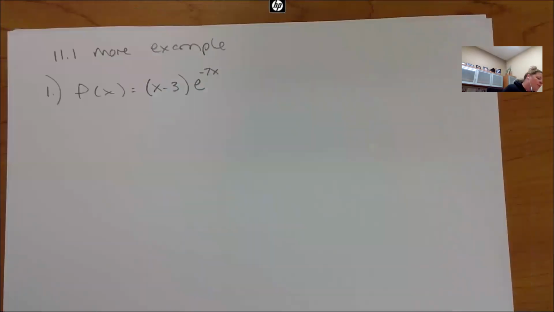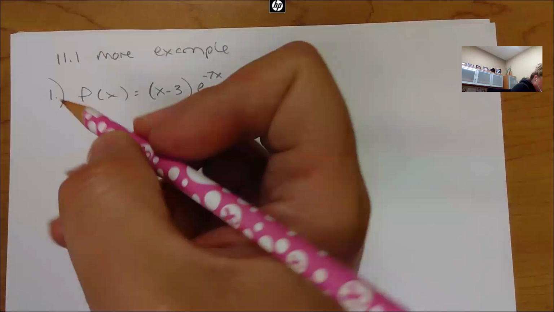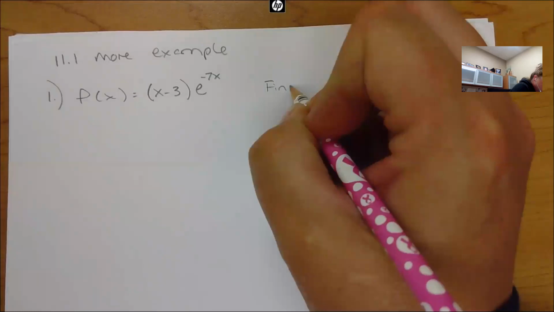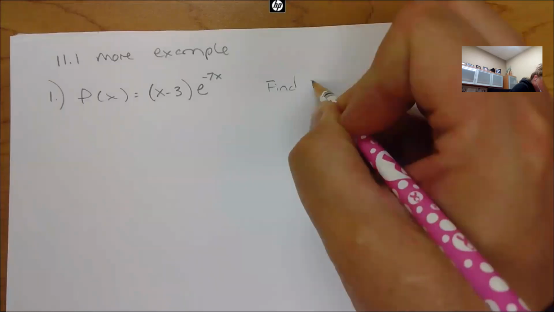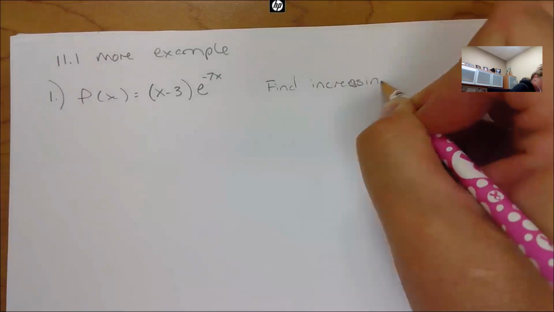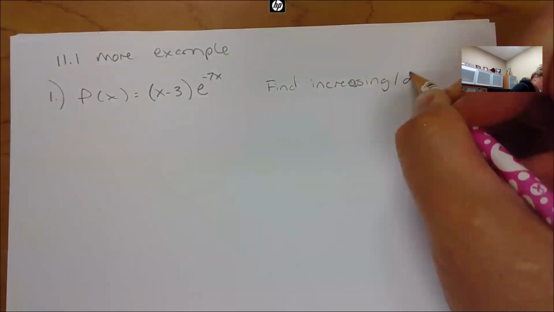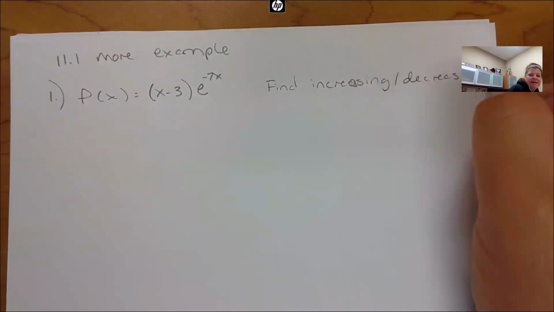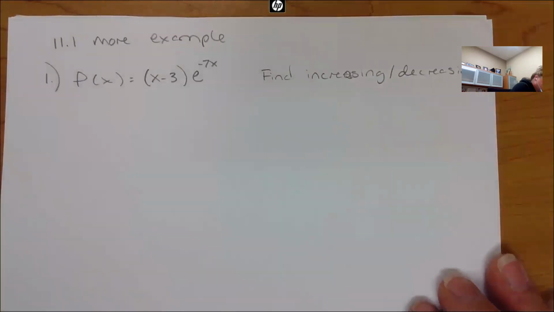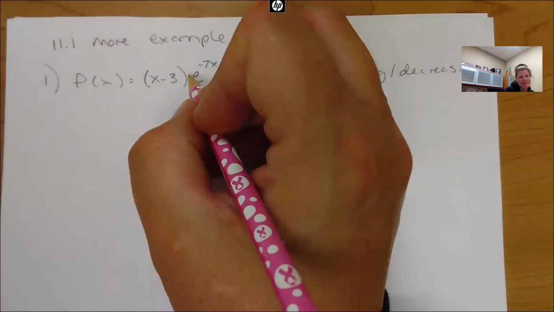Okay, so what we always want to start with is the derivative. And we're asked to find increasing and decreasing. When we look at this, I have two things that are being timesed together.